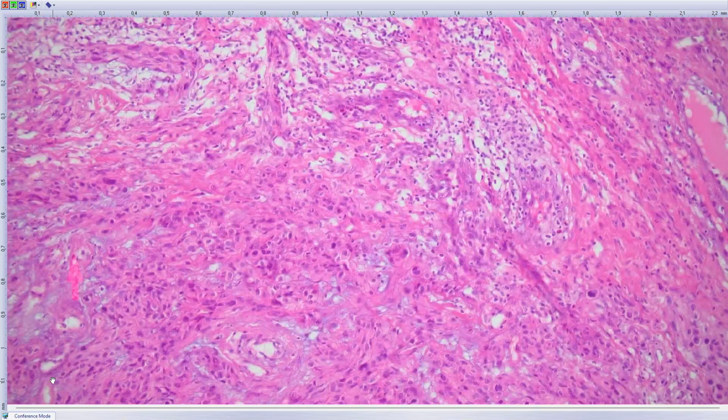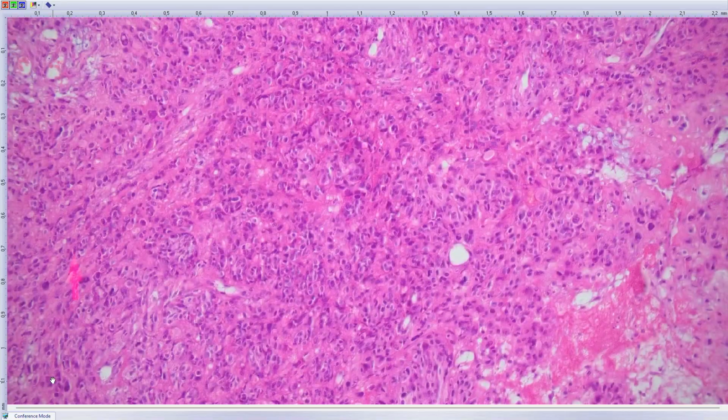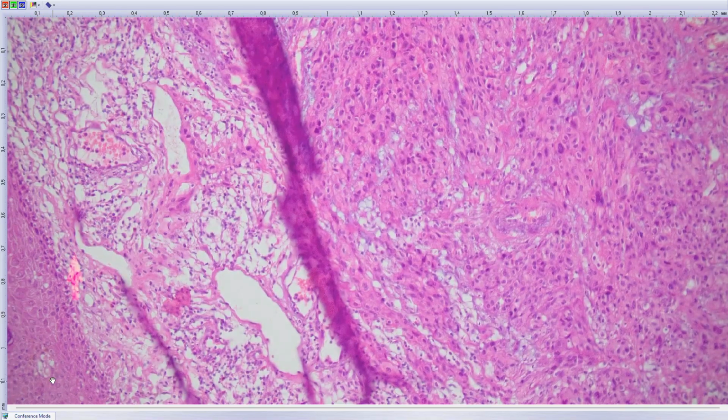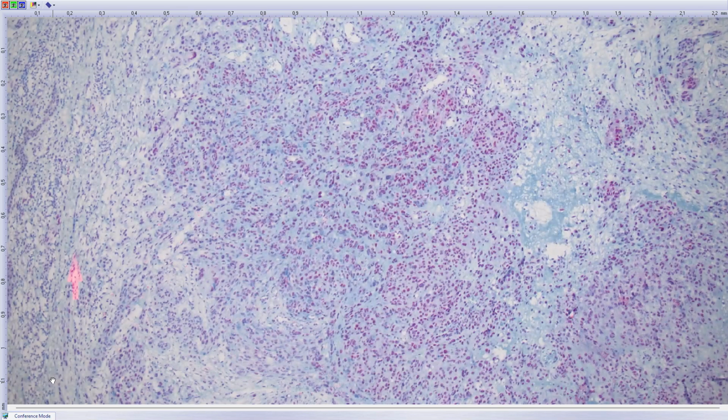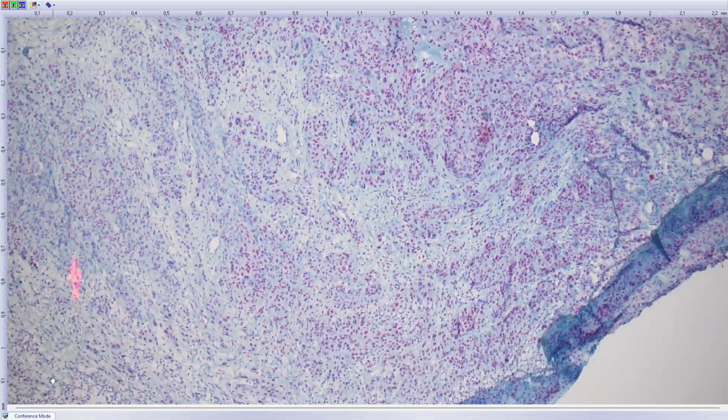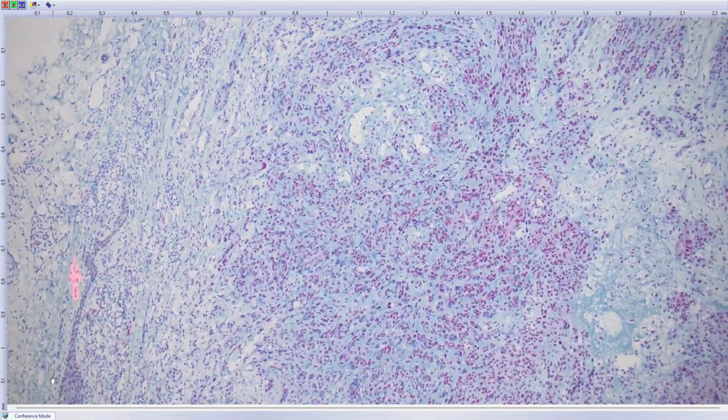And it came to us as BAP1-deficient nevus. We did BAP1, and we found no deletion of BAP1 in it. We did genetics and BAP1 was retained.